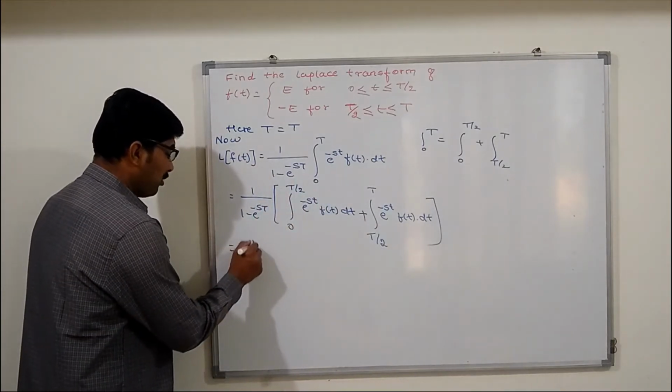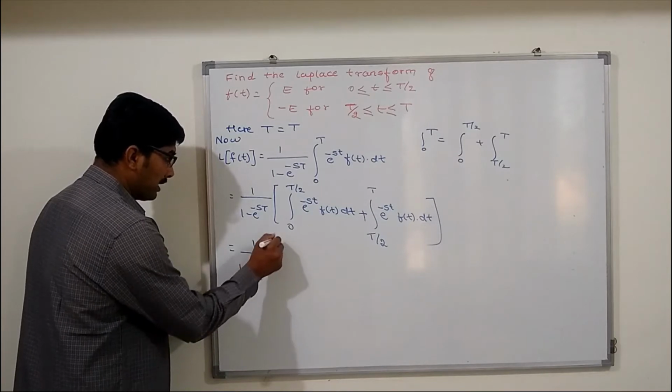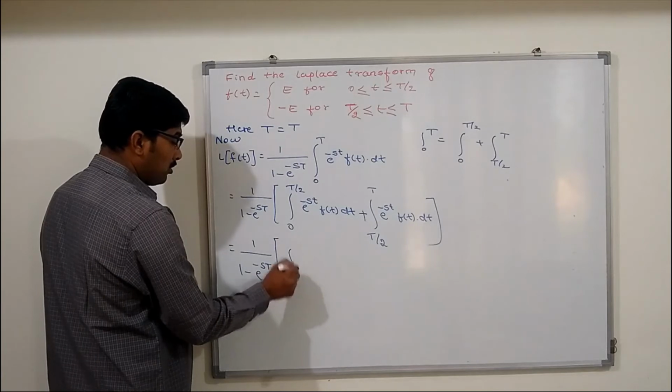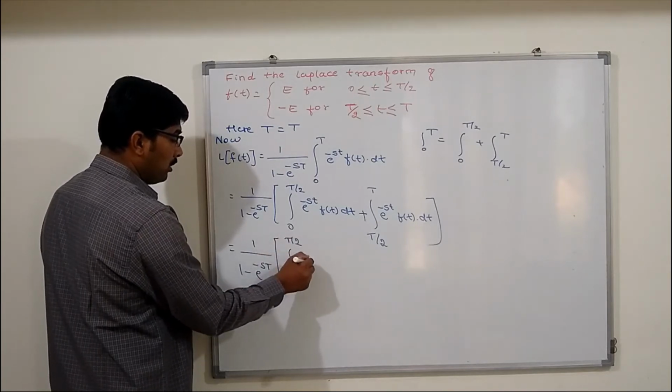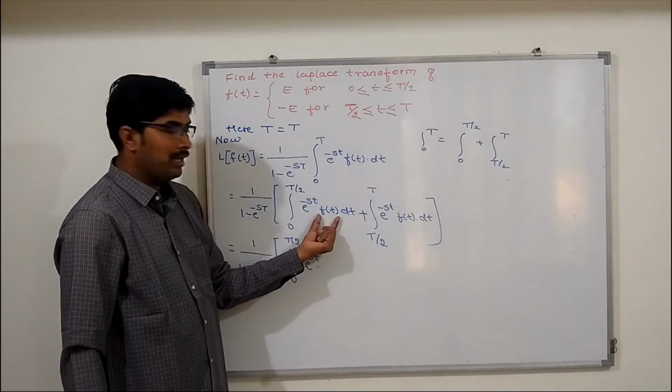Now we can substitute the values. First I will write the outside term 1 divided by 1 minus e raised to minus sT as it is, into bracket. Now here integration 0 to T by 2 e raised to minus st. Substitute the value for f(t).